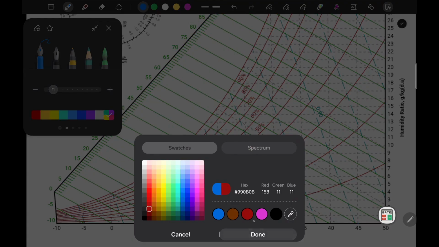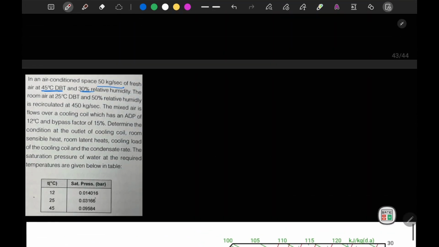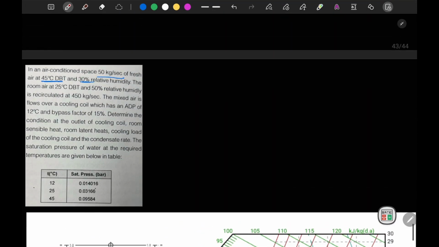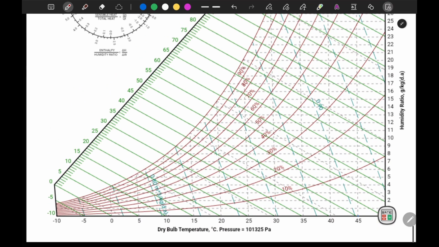So 45 degrees DBT and 30% relative humidity, this point, it should be this point. This point represents our outside condition.